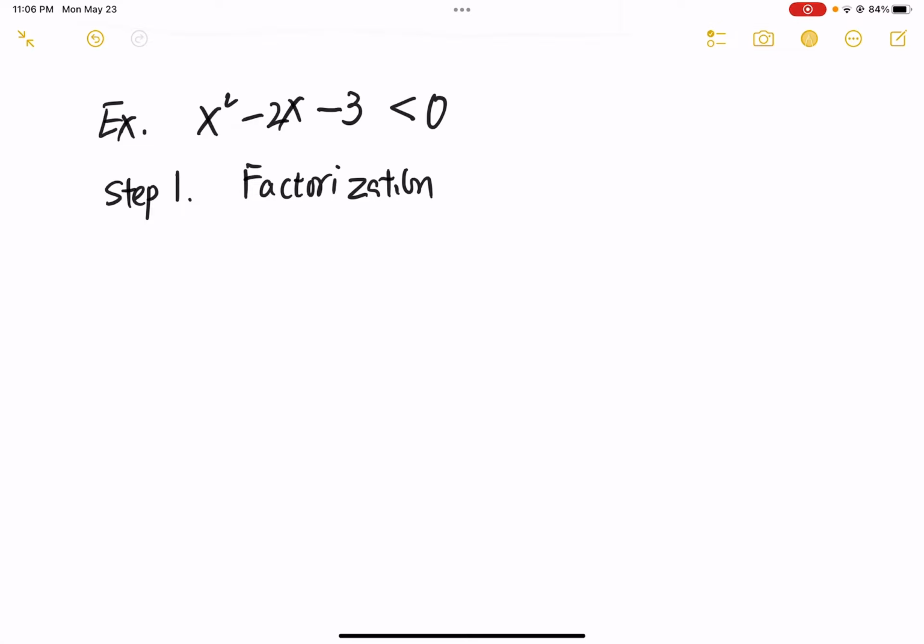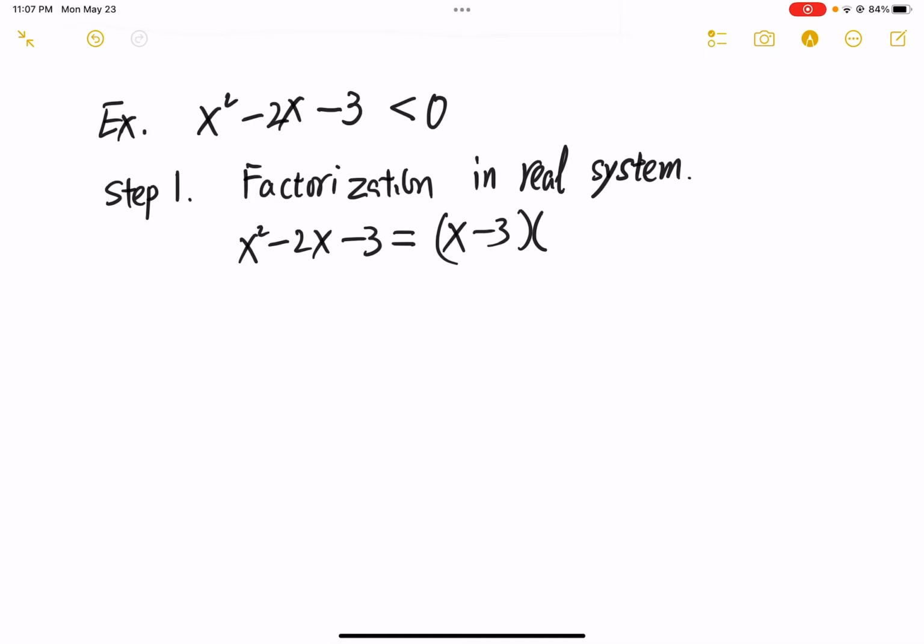We factorize in the real number system, so we don't need to consider the complex number system. So we factorize the left side. x squared minus 2x minus 3 is equal to (x minus 3)(x plus 1).